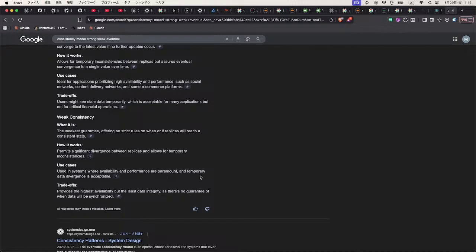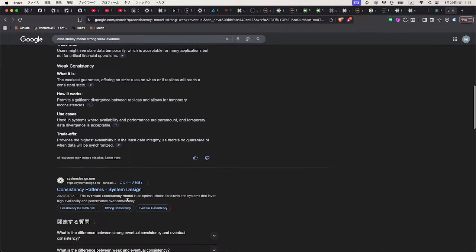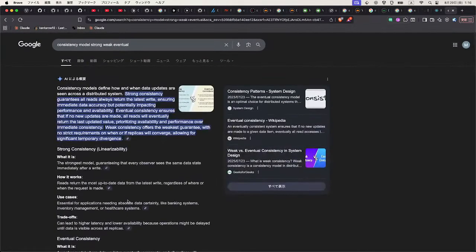Temporary data divergence is acceptable. It provides the highest availability but the least data integrity. That makes sense.